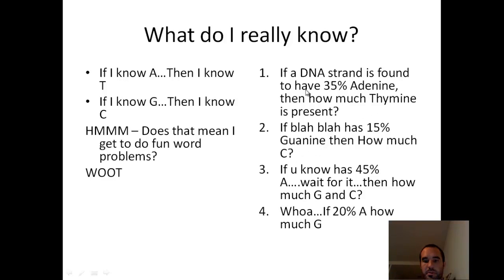And that would be 100% of your base pairs. Some questions might ask you: if you have 45% adenine, how much guanine and cytosine would you have? And then also try, if you had 20% adenine, how much guanine would you have? So you can try a couple of these practice problems, write them down into your notes, and then bring them into class.